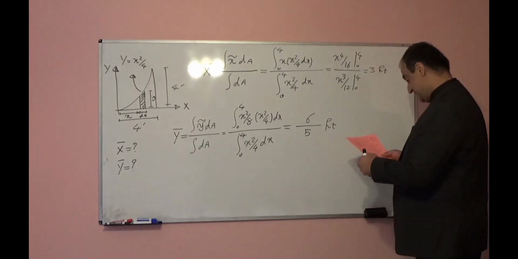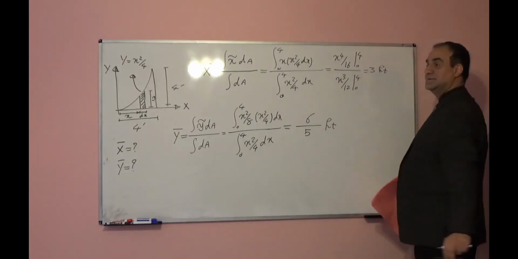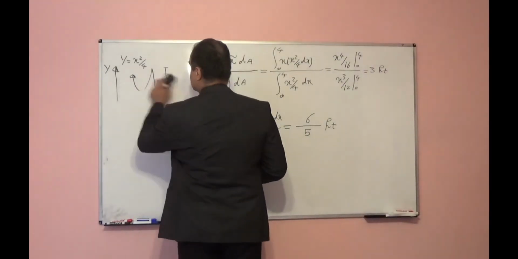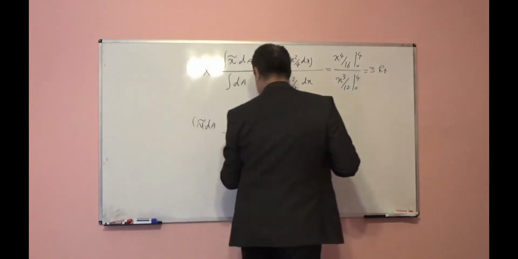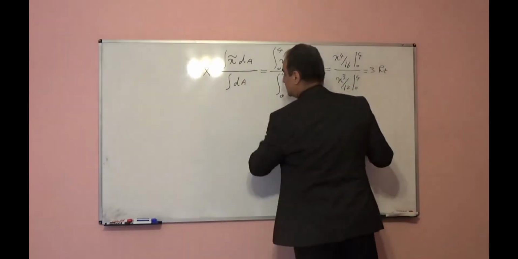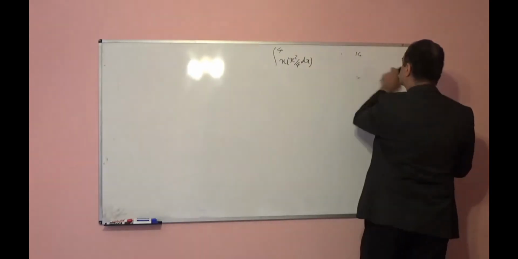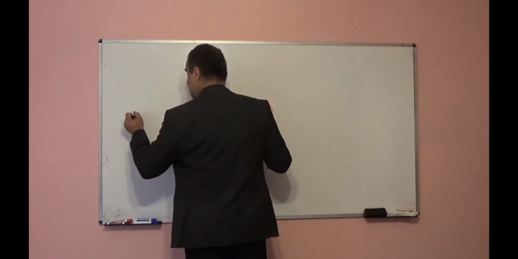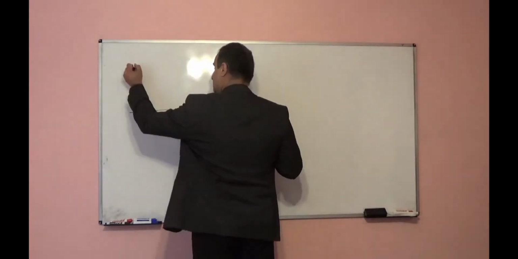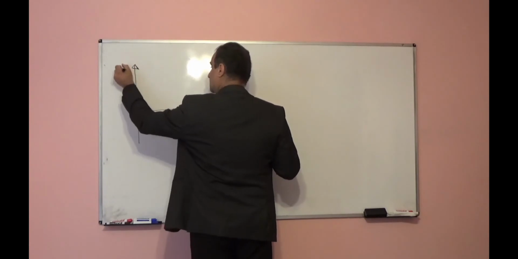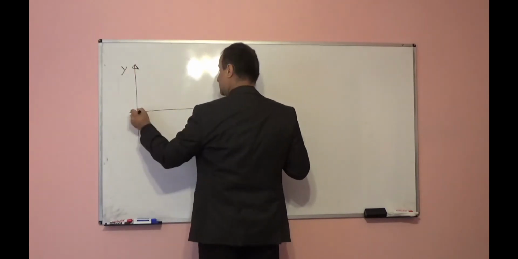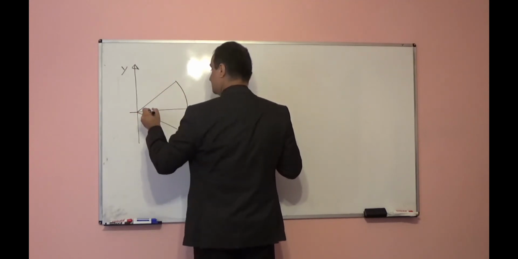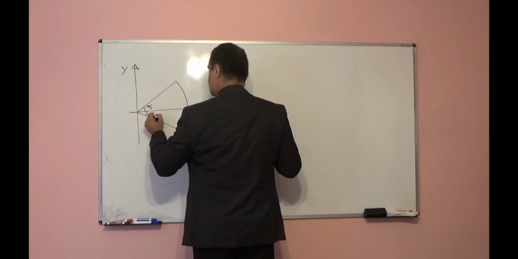This is about this example. Let's look at the next example. The next example is a sector of a circular shape. y, x, this is alpha, this is alpha.